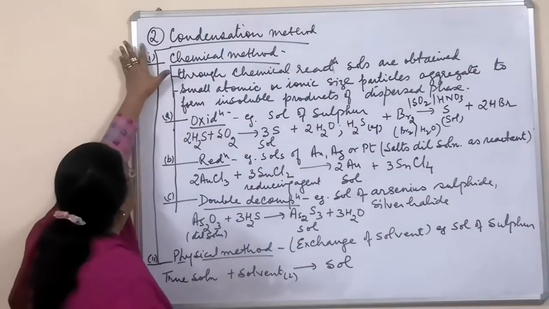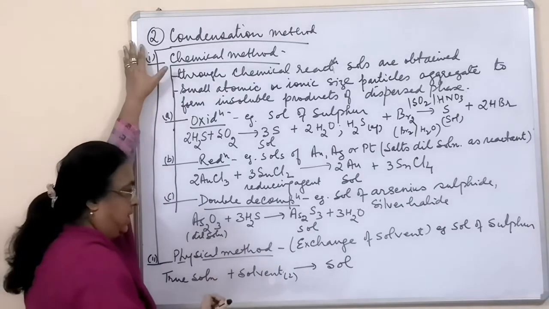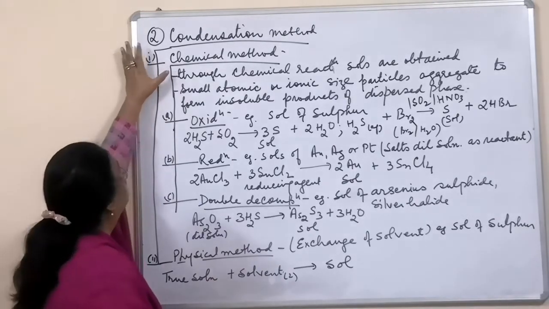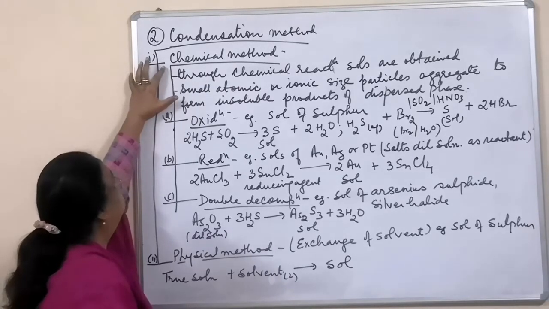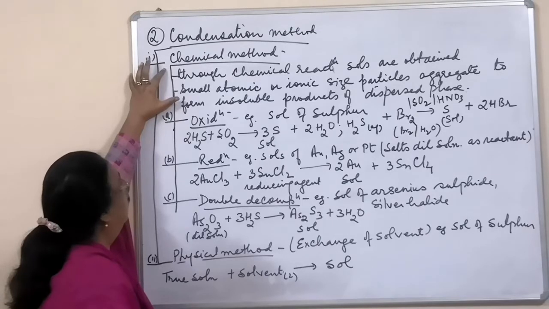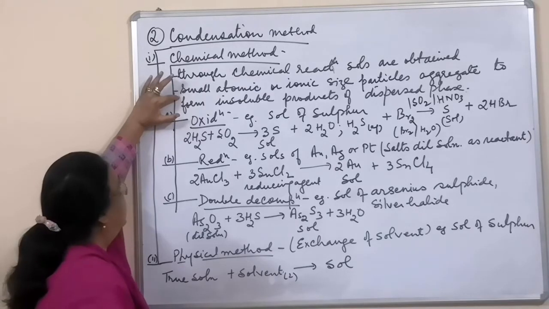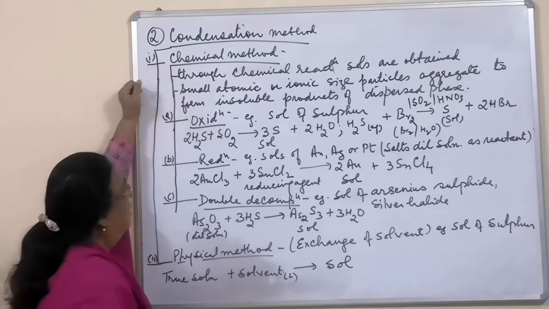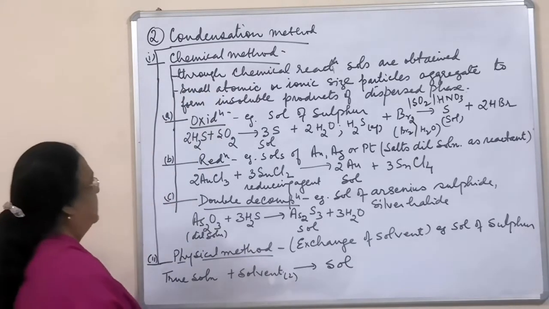Now the second method, the condensation method, when the smaller particles are made to grow bigger. The first method is the chemical method. Chemical reactions take place, in which the particle size of the dispersed phase is very small, maybe atomic size or ionic size.